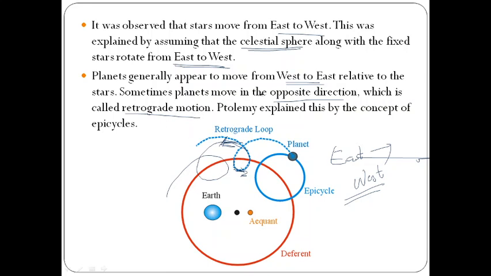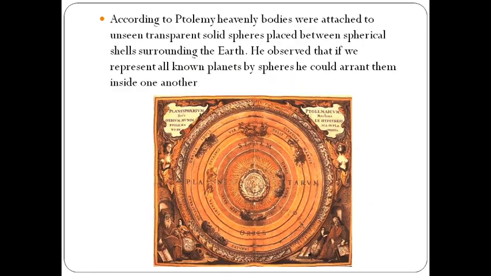That means sometimes the planets move in the opposite direction. And it was also observed that planets generally move from west to east, which is opposite to the direction of the motion of the celestial sphere. So the concept of epicycle and deferent circle was used to explain this opposing motion of planets.